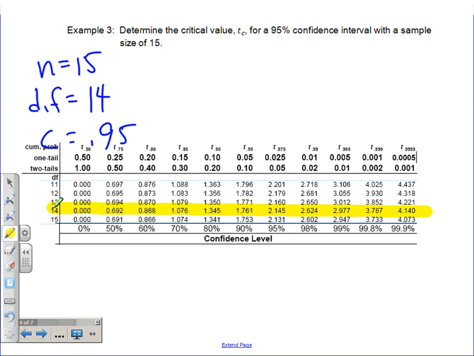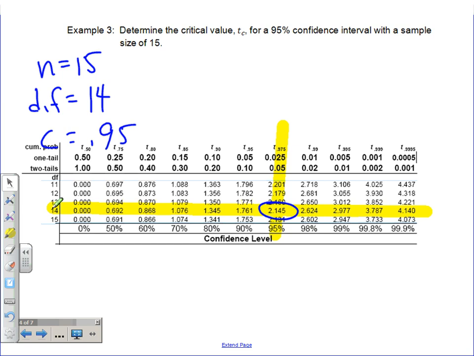And then you find the confidence interval you want, which is 95. And where do they hit? Well, they connect at 2.145. So that's your t-score, which is very, very similar to a z-score, if you would want to look at it that way. Okay.